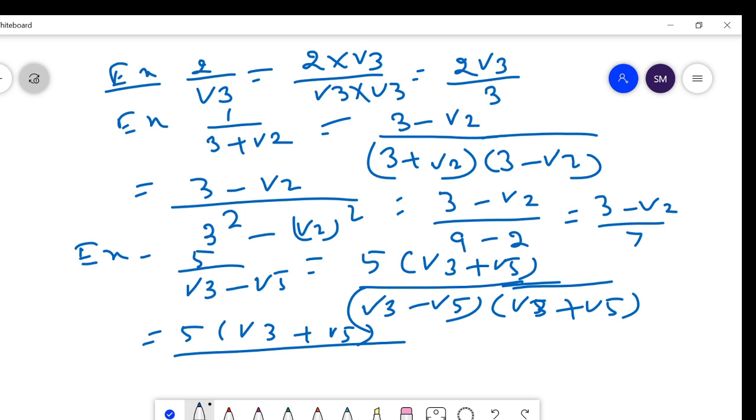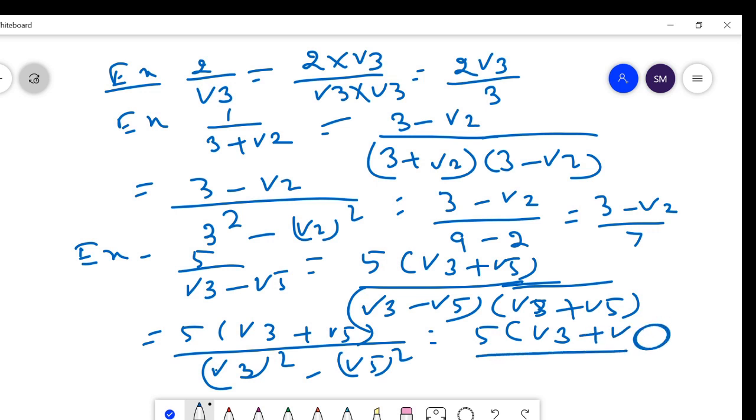A square minus b square. A plus b into a minus b is a square minus b square. Then at the numerator, this is 5 into root 3 plus root 5 upon root 3 square 3 minus root 5 square 5. Then you get at the numerator 5 into root 3 plus root 5 upon 3 minus 5, minus 2. This is rationalization of denominator.